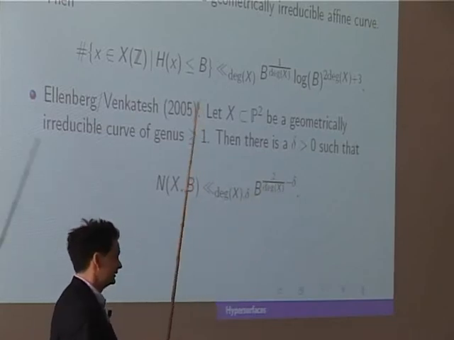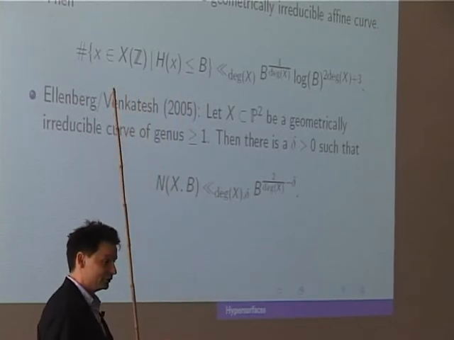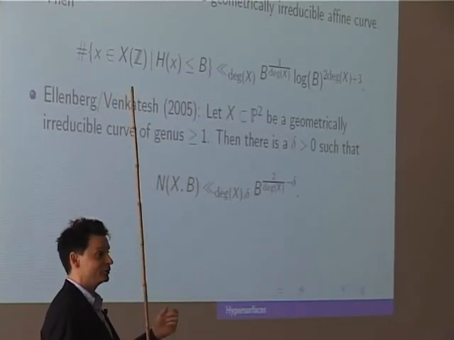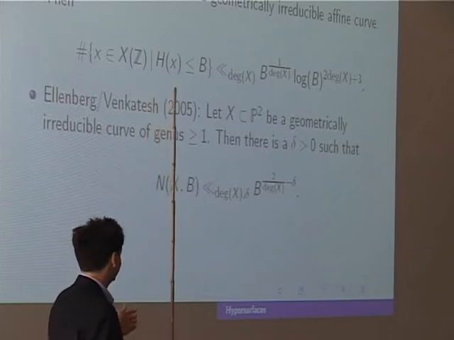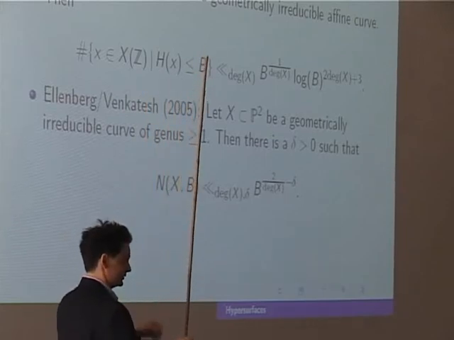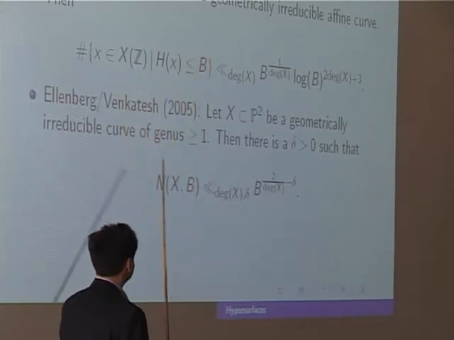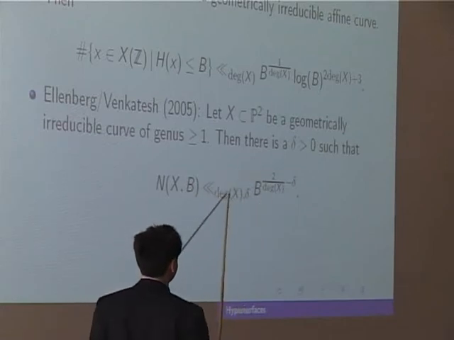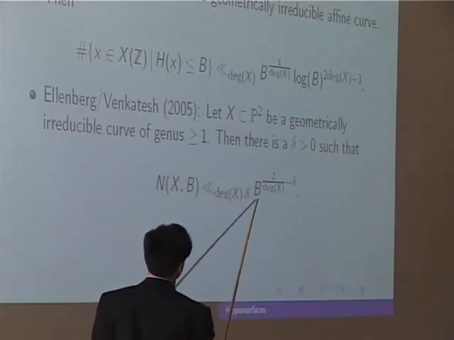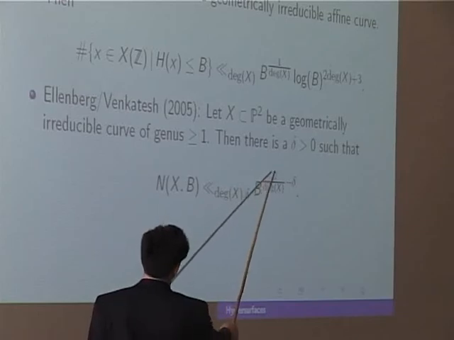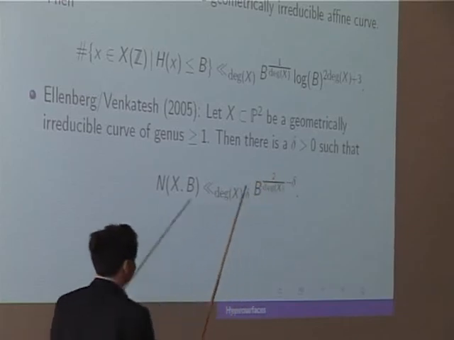The issue is that it's very hard to get uniform bounds. For each concrete curve, there are finitely many, that you know. But as the coefficients of your equations begin to change, the bounds are getting worse and worse. The best uniform bound right now is 2 over the degree minus delta.